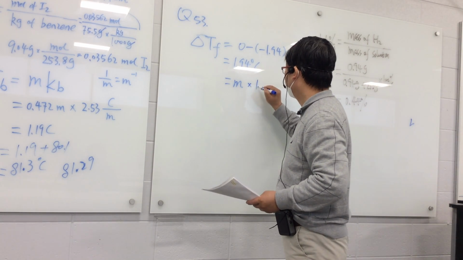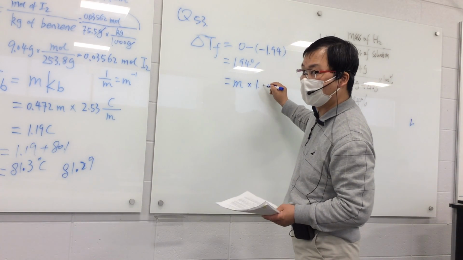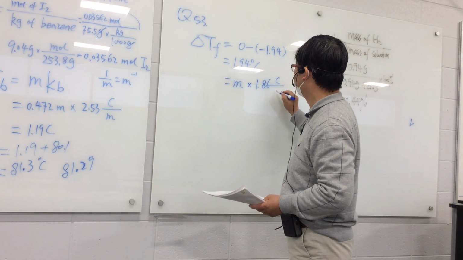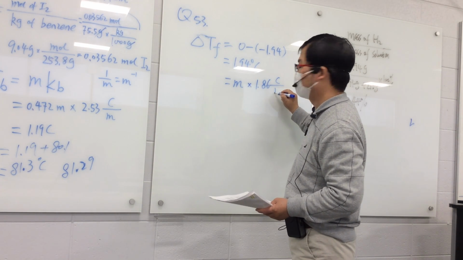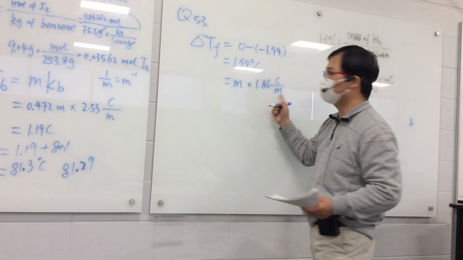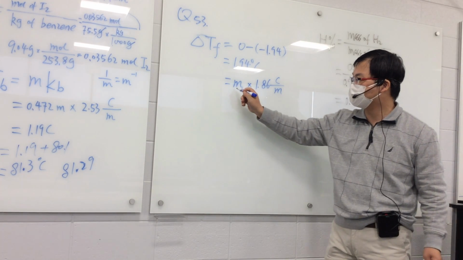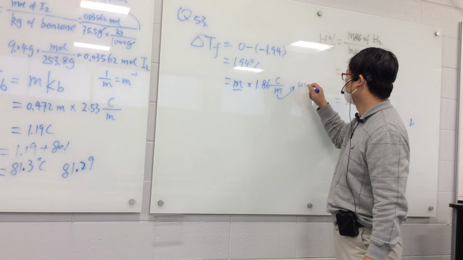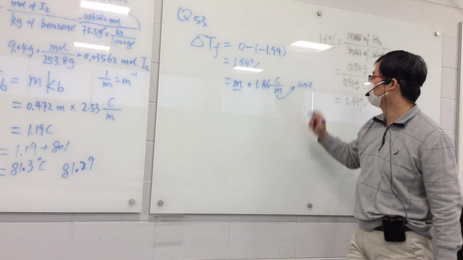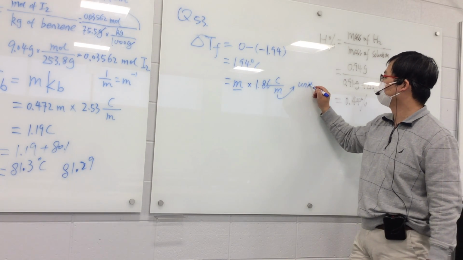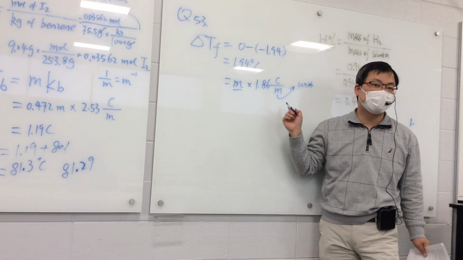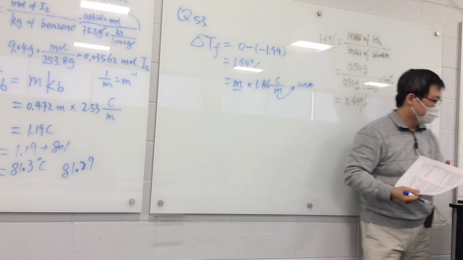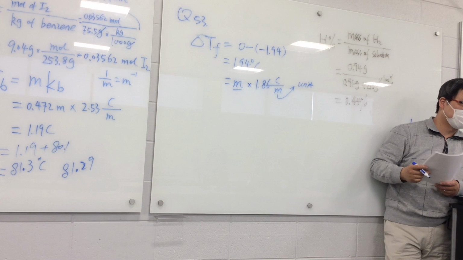Times 1.86. I'm sorry, but this m is a unit, and this m is a value. It's really confusing. I think it's really confusing. Okay.